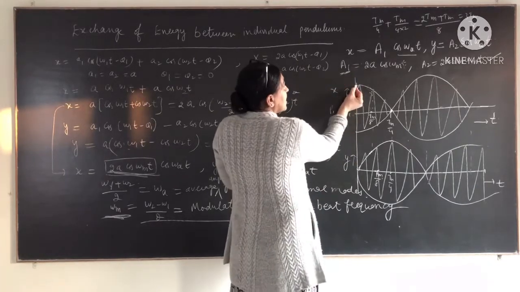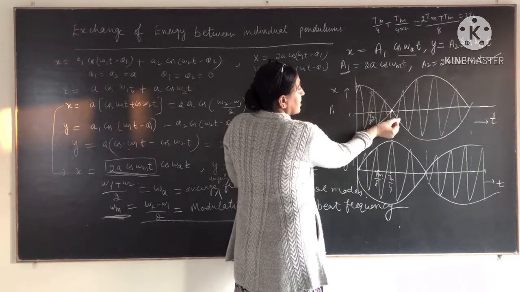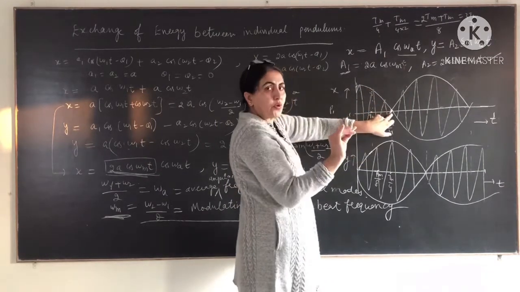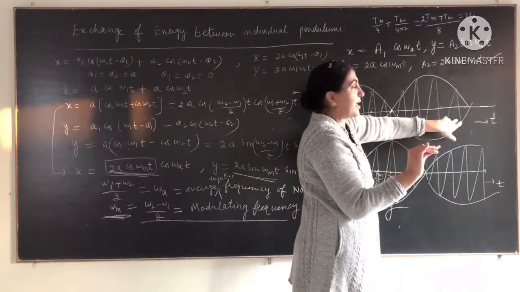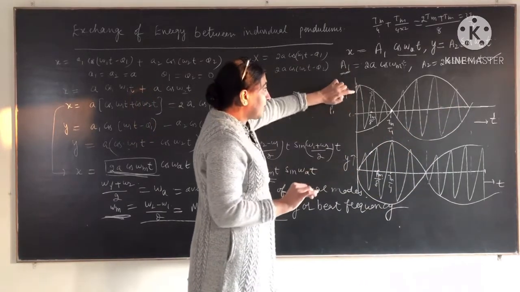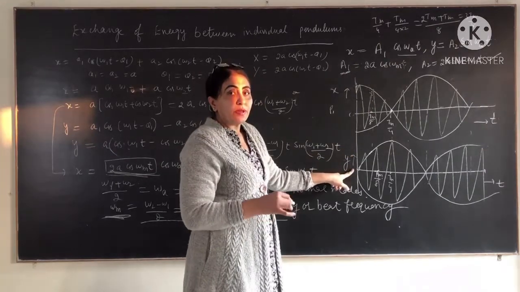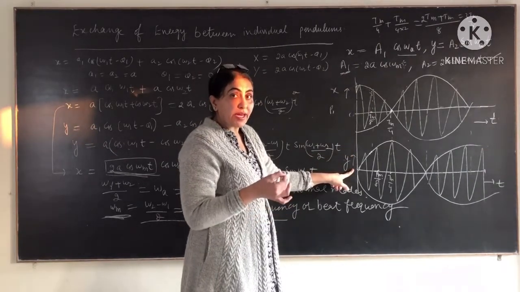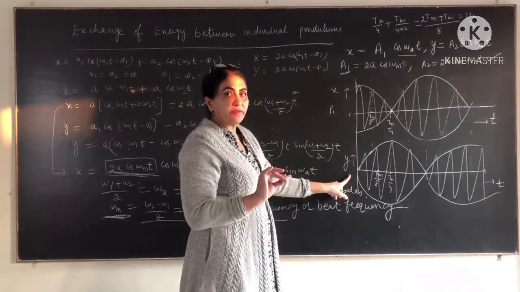Now see, this amplitude goes on decreasing with the passage of time. Here it becomes 0. Then it again increases. Then again becomes 0. And see here, when this is maximum, here amplitude is 0. So you can say from this diagram that whole of the energy is with this pendulum and there is no energy with this pendulum.